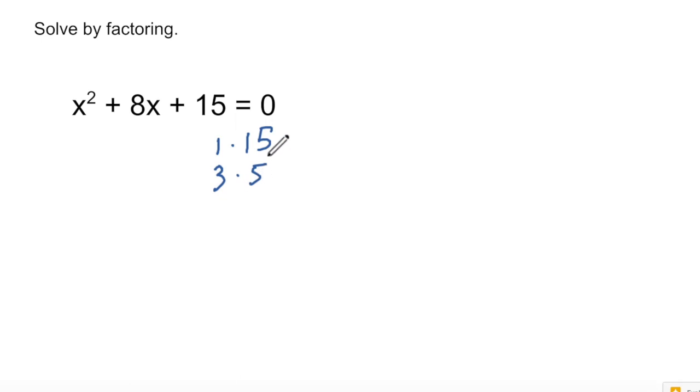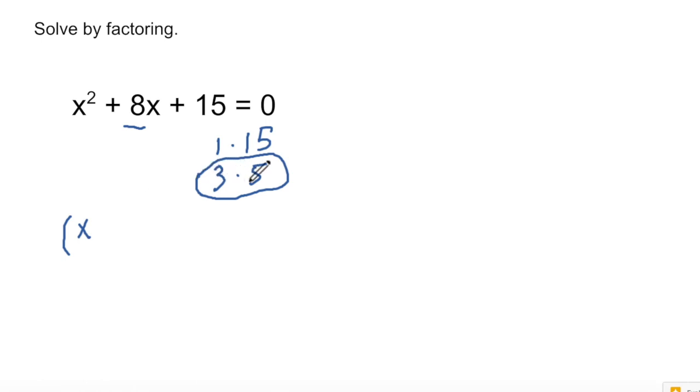Now can we find 2 of these that add up to b, and b is 8? Well, yeah, 5 and 3 add up to 8, right? So we're going to pick these 2 factors, and we have to rewrite the equation as a product of binomials. Here we have an x squared term, so it's going to be a little bit different when we have a coefficient in front of this x squared term, but right now we don't.